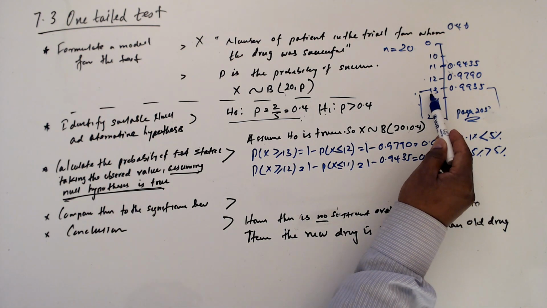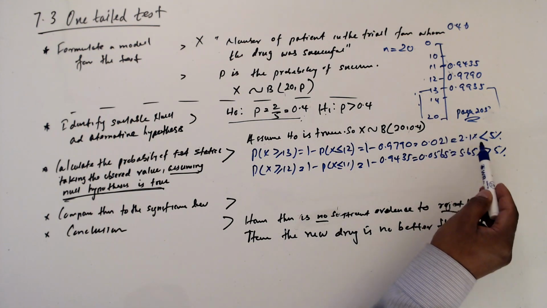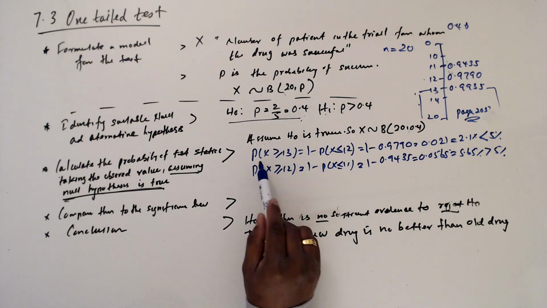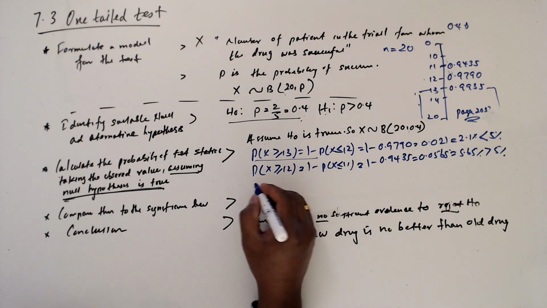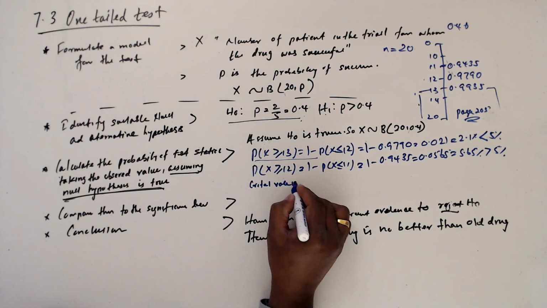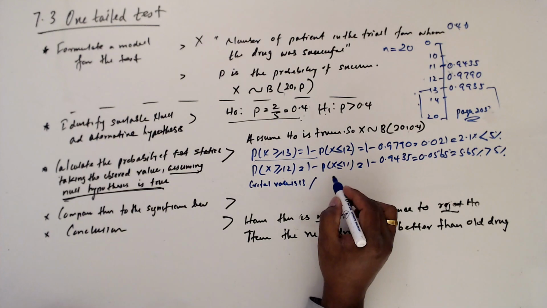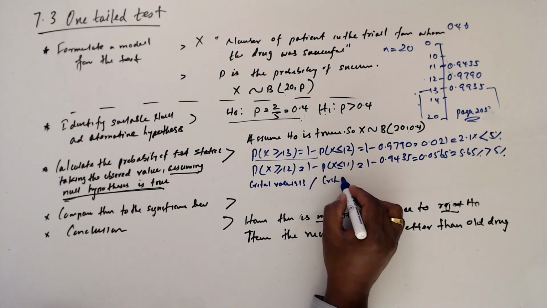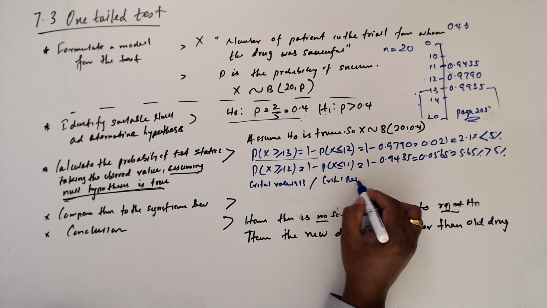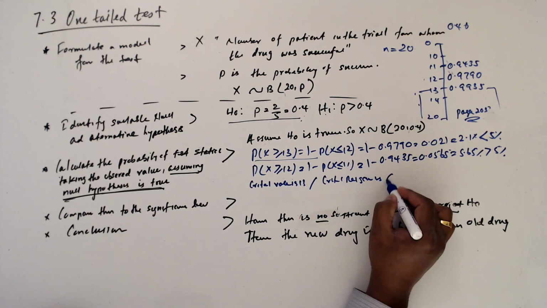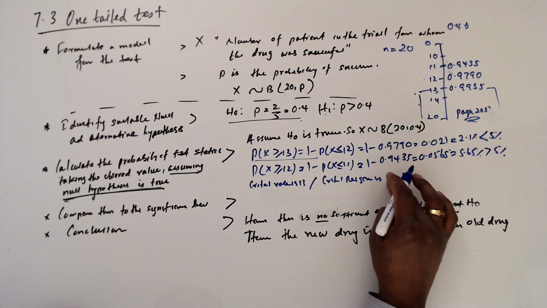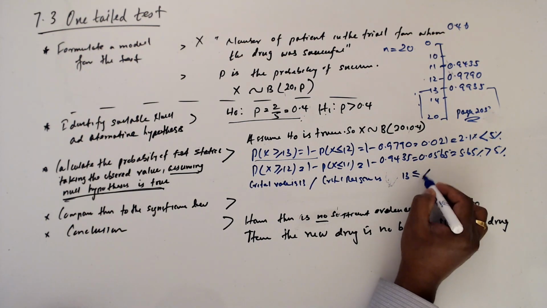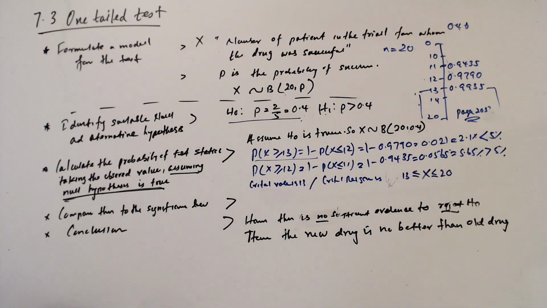If we go up to 13, it is less than 5%. So this is the immediate one. So the critical value is 13, and the critical region is x from 13 up to 20.